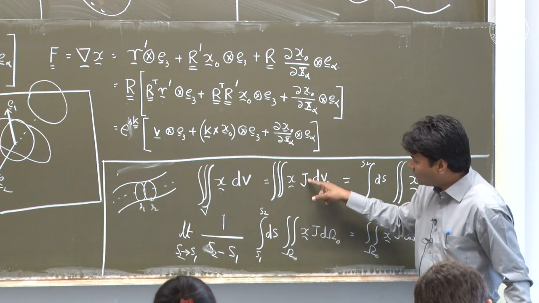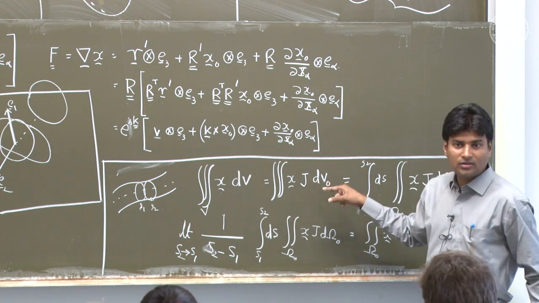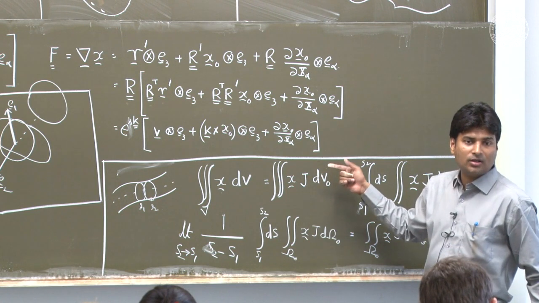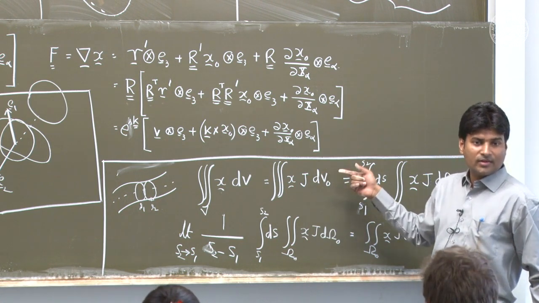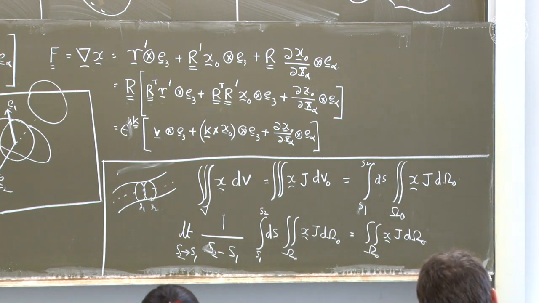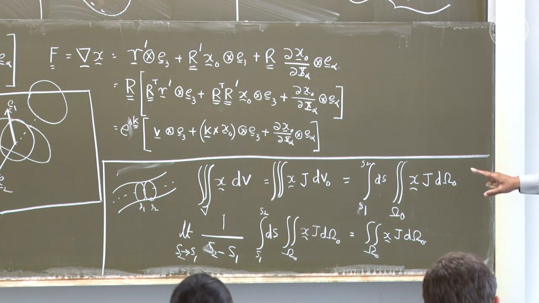So, you see that Jacobian does not come. So, it is nice to work with mass center. That is one advantage, that the constraint looks easier.